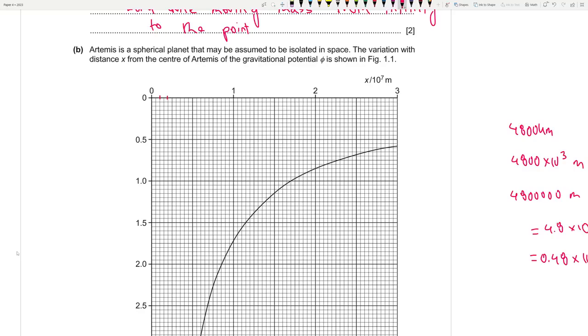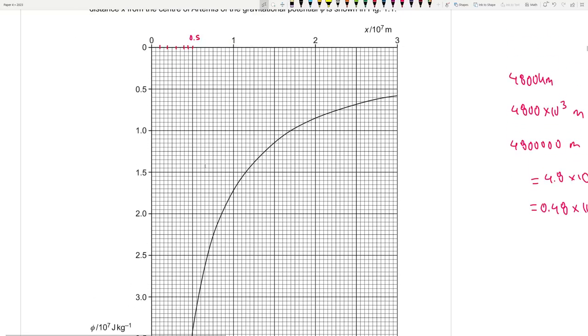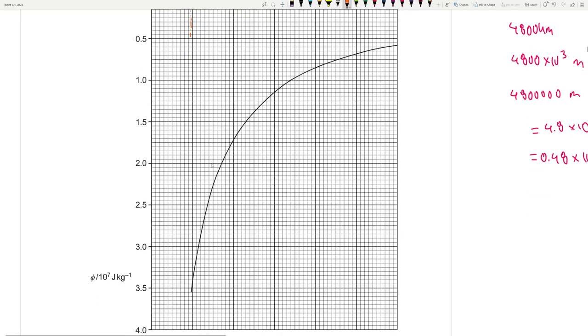This is 0.5, and this is 0.45, so 0.48 should be a bit above 0.45, somewhere over here, just behind 0.5.